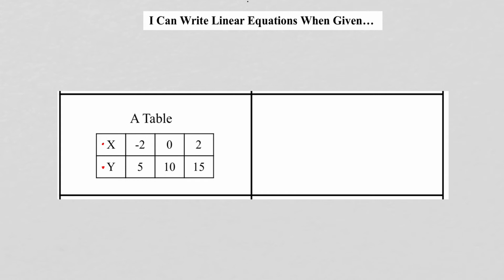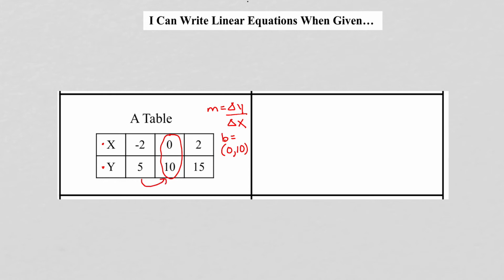So again, we have to figure out 2 things, slope and y-intercept. Okay? And we said that y-intercept is when x is equal to 0. So they made it easy for us here, because when x is equal to 0, we know that y is equal to 10, right? So we know that our y-intercept is going to be (0, 10). So that's our b. But our change in y over change in x, we just have to figure that out.